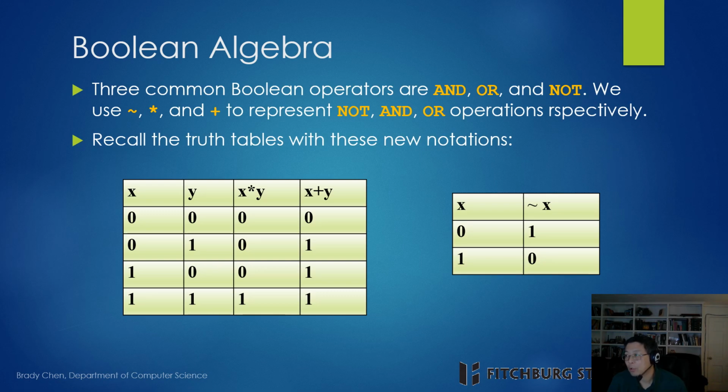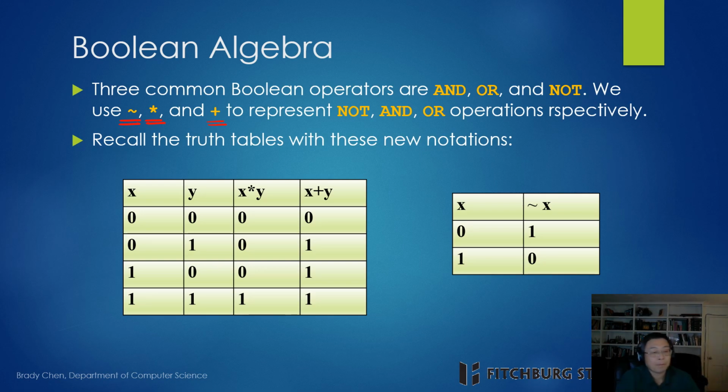Now, we also introduce three different symbols to represent these three operations. We use the tilde to represent not, we use the asterisk to represent and, and we use the plus to represent or.